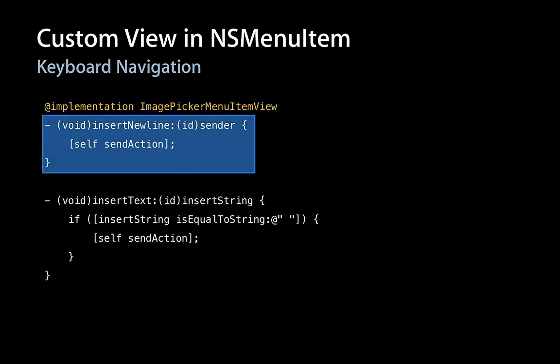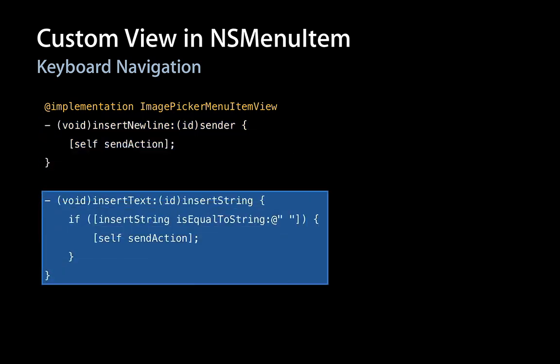Then, of course, if the user hits the return key or the enter key, we'll want to go ahead and send the action. They've committed it, so we can do send action, and we've already taken a look at that implementation. But we also want to activate our menu whenever the user hits the space bar. And traditionally, key binding just thinks of space as being part of text, because it's usually associated with the text field.